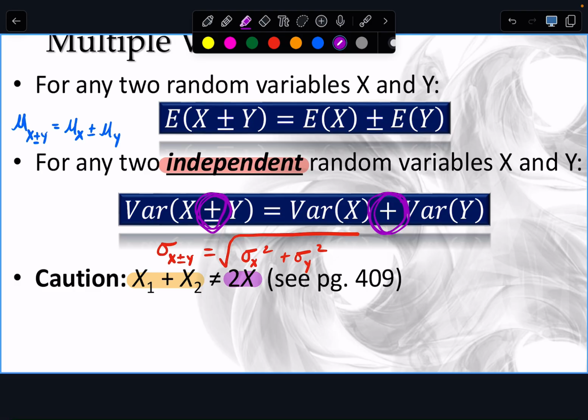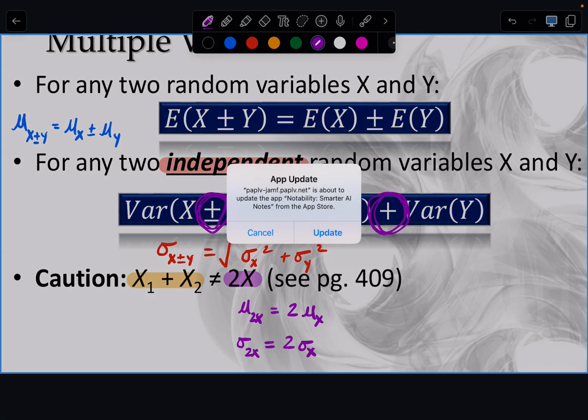When I do a linear transformation, if I want to calculate mean, I take 2 times the mean of X. If I want standard deviation, I take 2 times the standard deviation of X. So if I'm looking at that right side there, my formula for the mean of 2X is taking 2 times the original mean of X. When I calculate standard deviation of 2X, I'm taking 2 times the standard deviation of X. That's what my linear transformation formulas tell me to do.